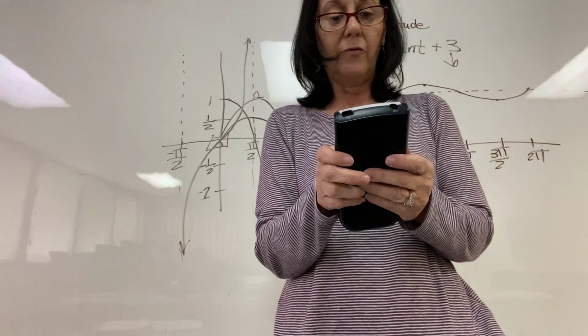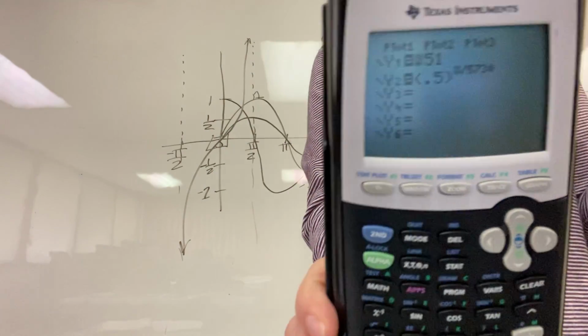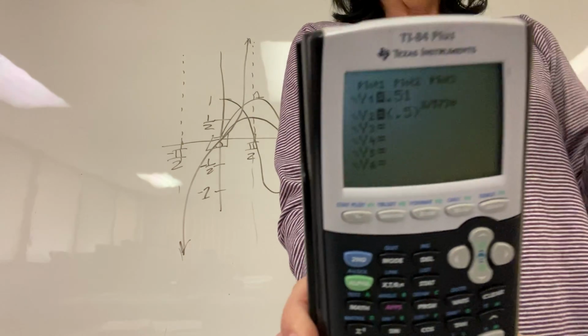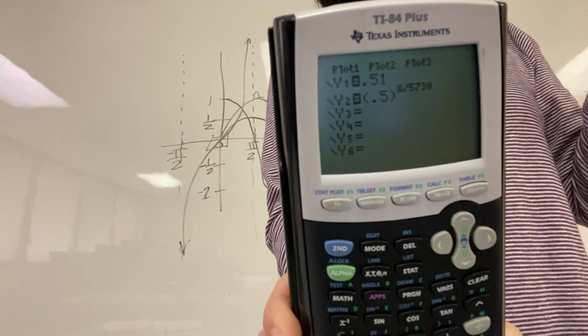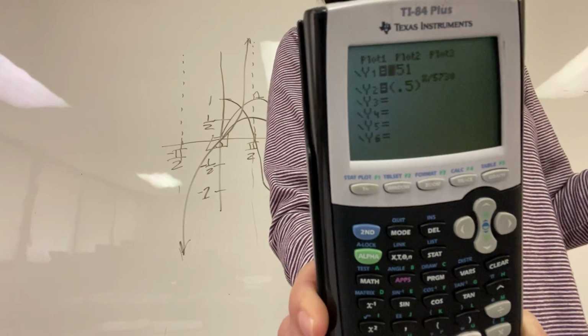Okay, everybody got your mode on radians? All right, go to y equals. Now, you need to make sure that none of your plots are highlighted at the top. Are any of them highlighted?